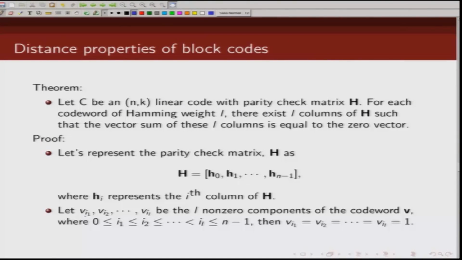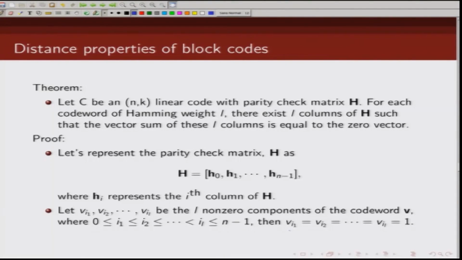So, let us say that at these locations i1, i2, i3, up to iL, the code word has non-zero components. So, let the non-zero components of this code word v be denoted by v_i1, v_i2, v_i3 and v_iL, where without loss of generality we write i1 is less than or equal to i2 is less than or equal to i3 is less than or equal to iL is less than or equal to n minus 1.